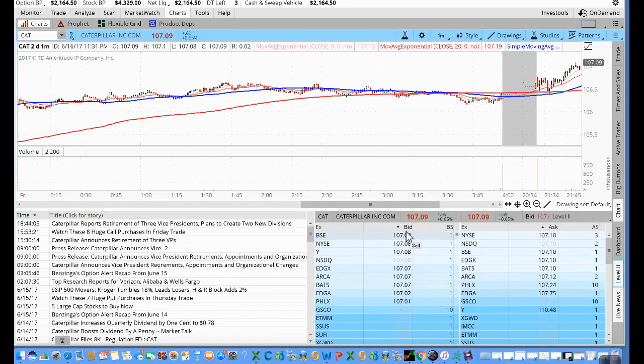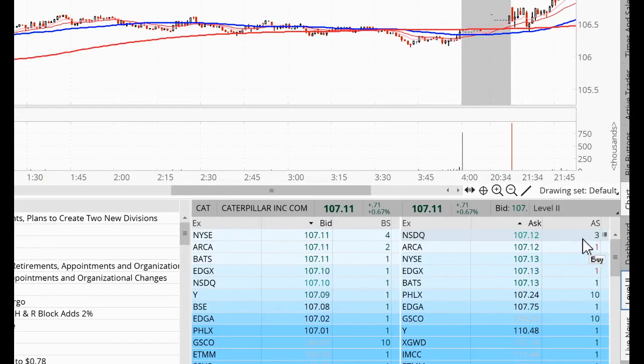It shows you the bid and ask prices of the different buyers and sellers at different price levels. For example, these are the sellers queuing up to sell. There's a seller over here asking to sell at 107.10, and he wants to sell 300 shares.